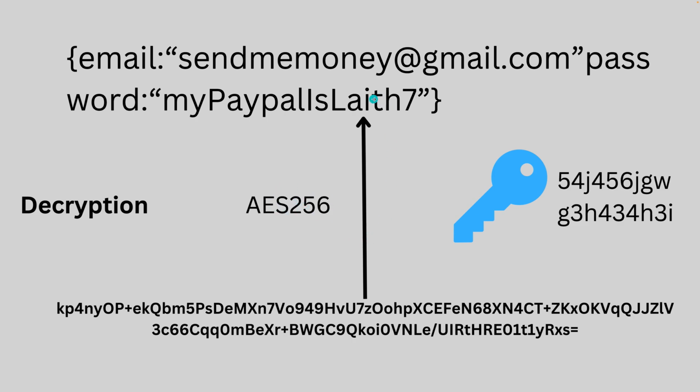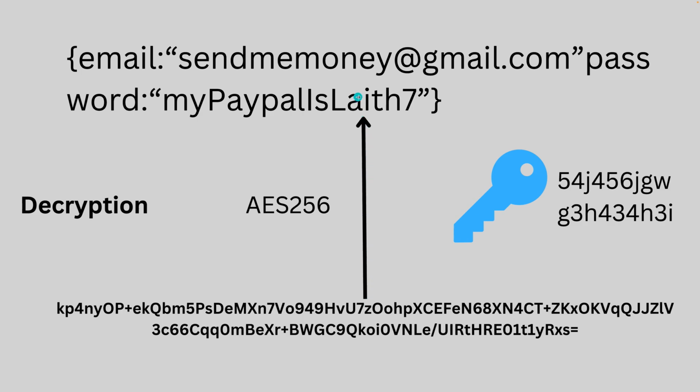So you can encrypt data that is readable to you into something that is not readable. And if you want to read this encrypted data, just use the exact same key and the exact same algorithm to decrypt it back.